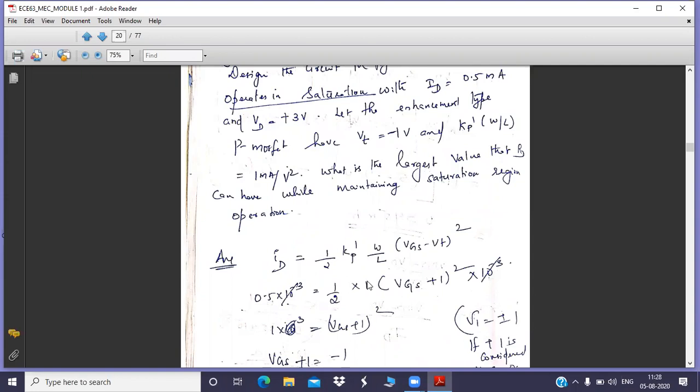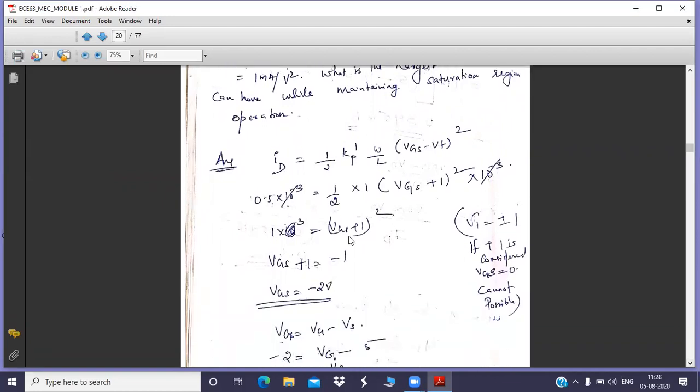So just put 1 into 10 to the power minus 3 into VGS minus VT. VGS you write as such because you have to find it. VGS minus VT: since VT is negative 1 volt, we put minus here, so minus of minus 1 is plus 1 volt. Now you just solve this mathematically.